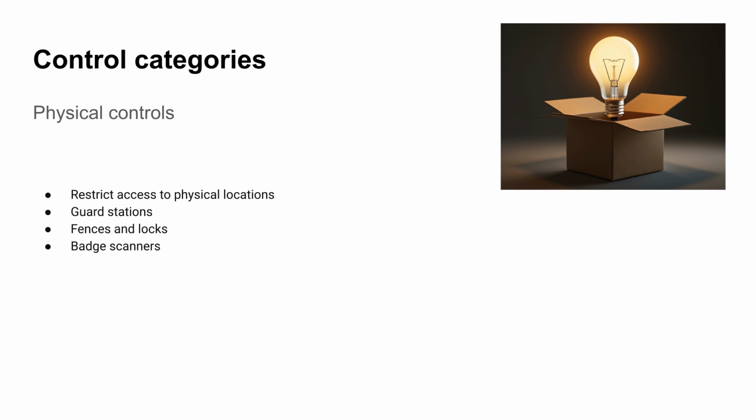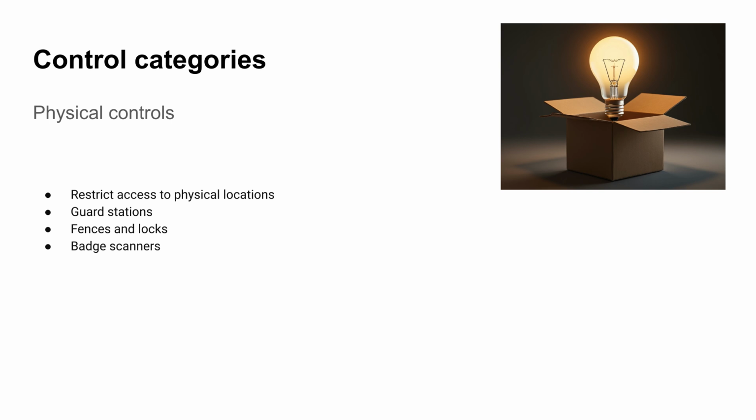Lastly, let's cover physical controls. As the name suggests, physical controls are designed to restrict access to specific locations, ensuring that only authorized individuals can enter. These controls could include security measures like guard stations, where personnel monitor and control entry, or physical barriers such as fences and locks that prevent unauthorized access.